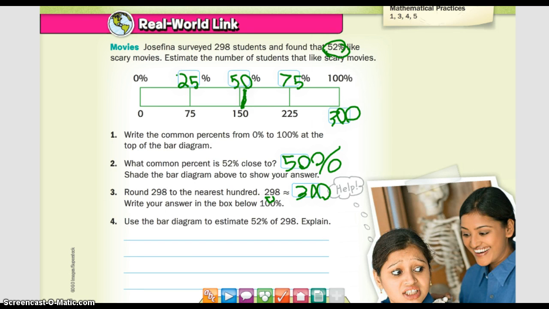Excellent. So then we know that 52% of 298 is close to how many students like scary movies? So, it's closest to 150, so around 150. Excellent, Andrew. Great job. Thanks for being part of my real-world link.